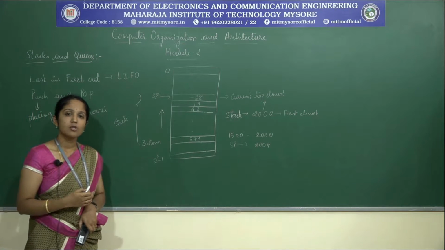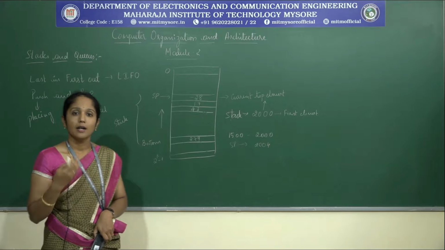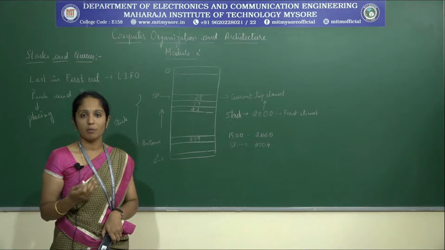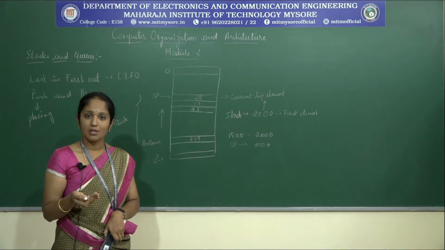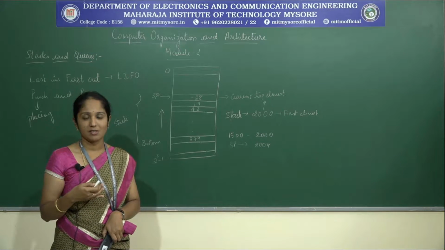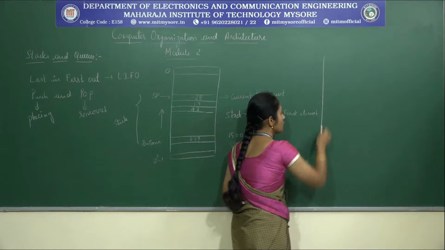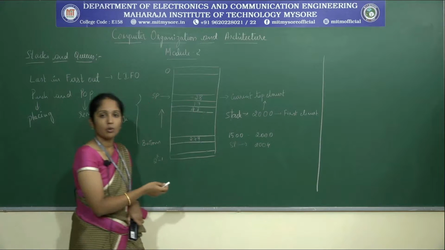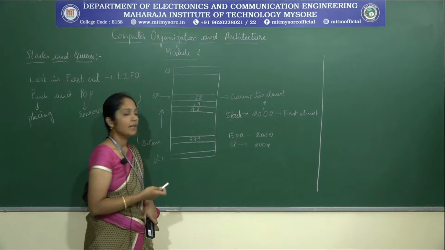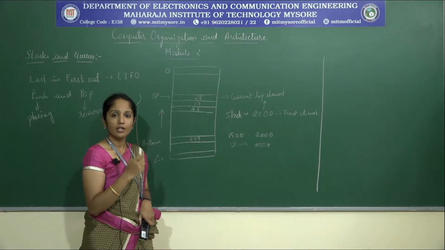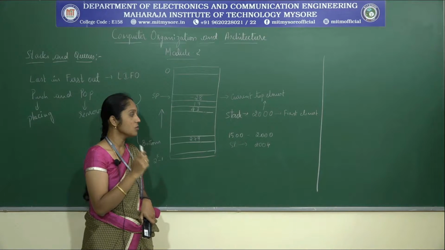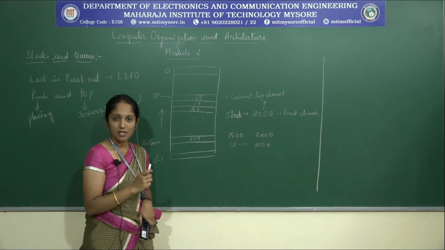Now, to perform operations like push and pop, that is, to add data into the stack and to retrieve data from the stack, let us see what instructions we have. As I just mentioned, the stack pointer is the register used to store the current address of the stack.